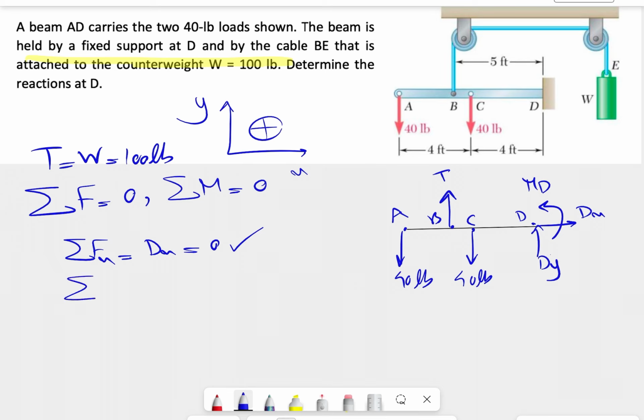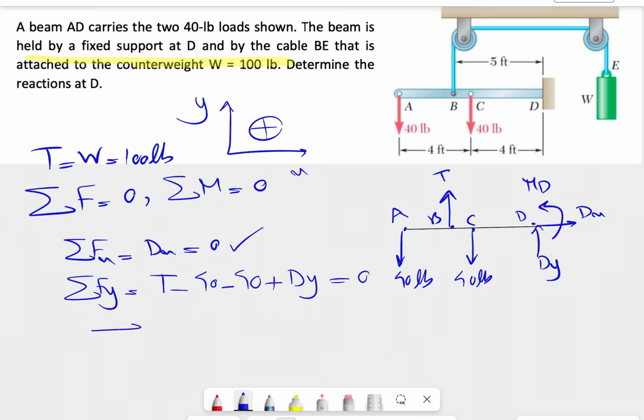The other equation that we have will be the y equation. So we simply have the tension in the cable, positive, minus 40, minus 40, plus Dy equals 0.